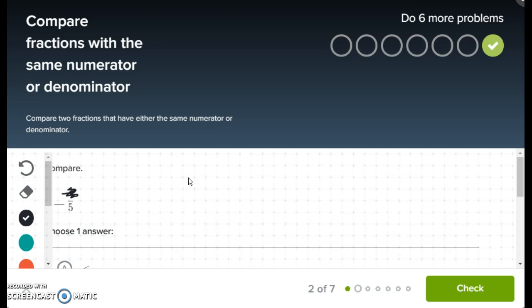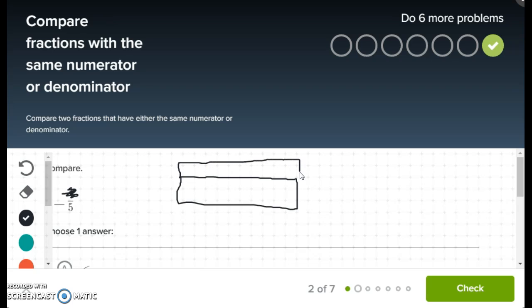Because say you have 1/2, you think you have two lines. Let's assume this is 1, or you could say 1/1, because whatever amount over that same amount is always 1.